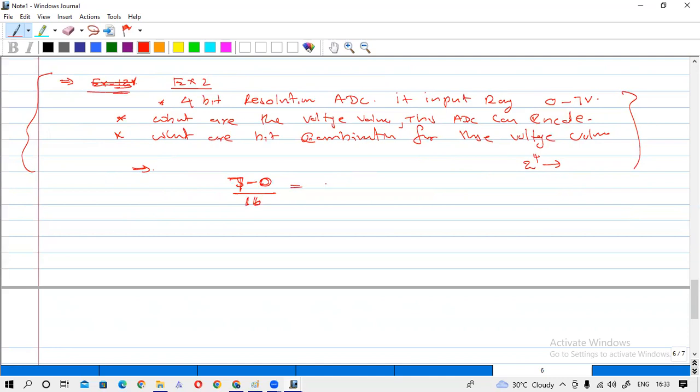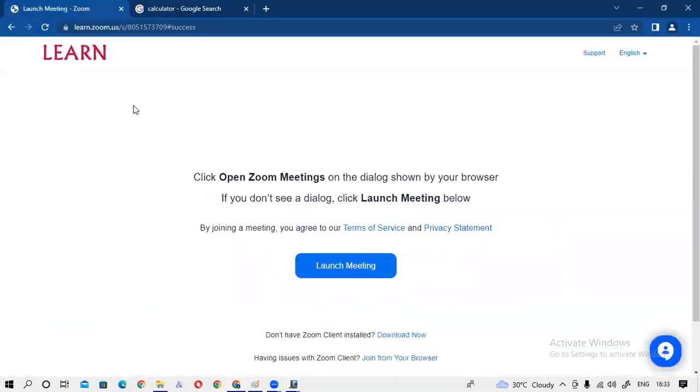Can you tell me what the minimum value is? It is 7 divided by 16.